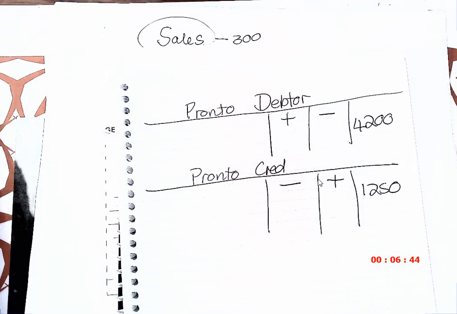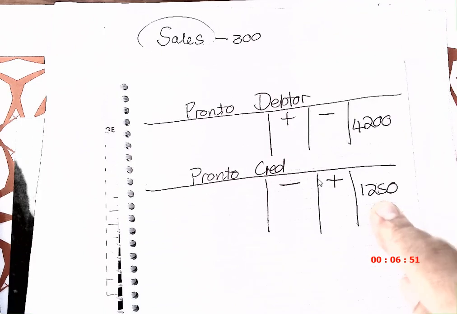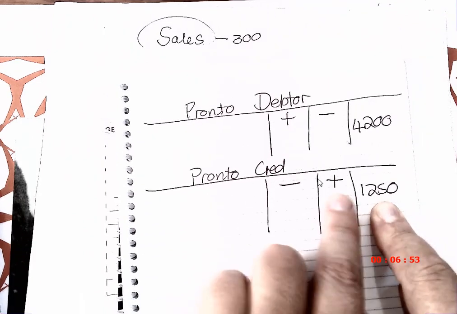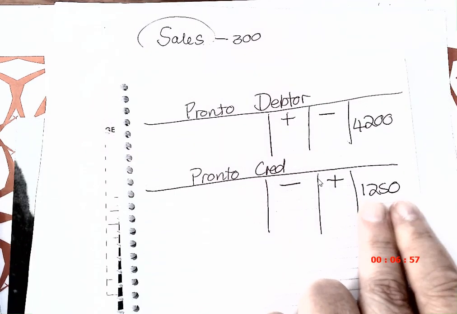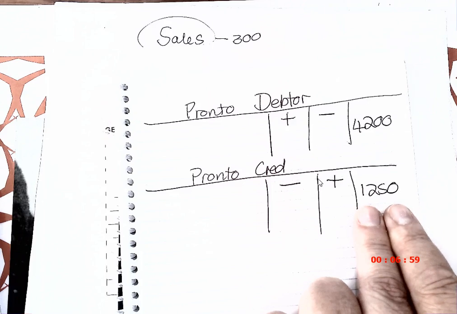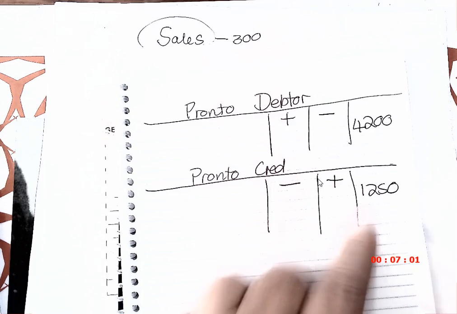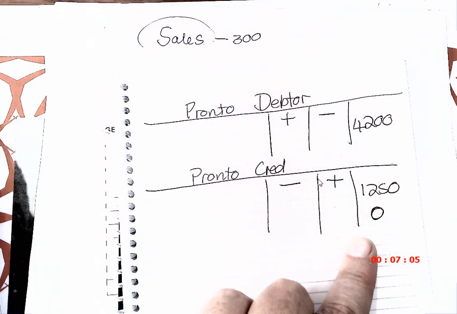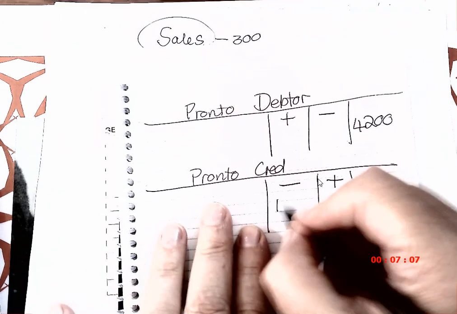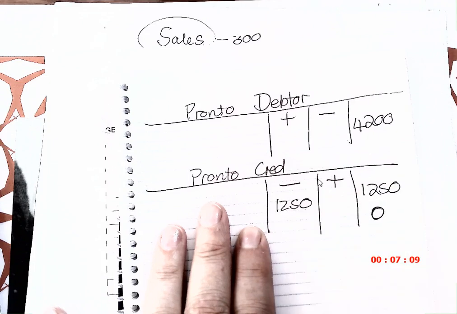So now when I look at this, the smallest one is the 1,250. So I'm going to start with the smallest one. Okay. So obviously it's a plus because it's credit. How will I get that 1,250 away so that this is no longer a creditor? I'm going to minus it. You see?